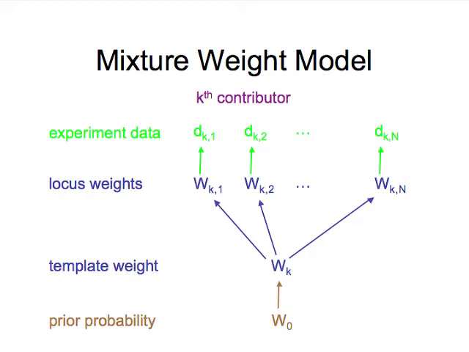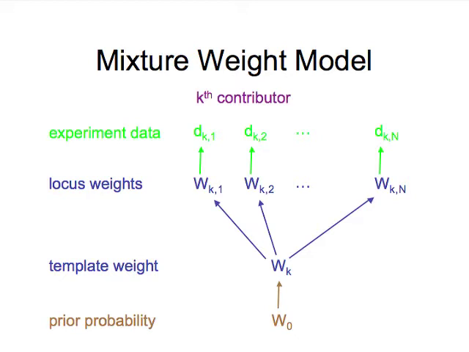So for each locus weight, say W sub k1 for the first locus and the kth contributor, its prior is the template weight. And above it, its likelihood function is formed by the one or more experiments that involve this particular locus for that template.